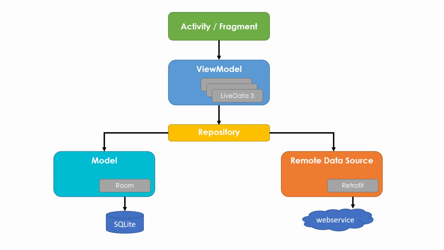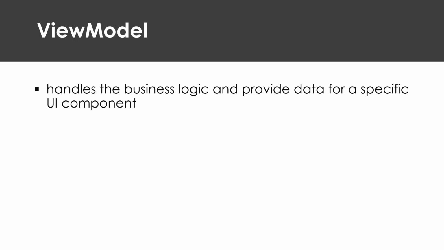So, let's start with a view model. A view model's purpose is to handle the business logic and provide data for a specific UI component, such as activities and fragments. View model doesn't know about the UI components, so it is not affected by orientation change, such as recreating the activity when rotating the device. To understand the scope of the view model, consider this example.